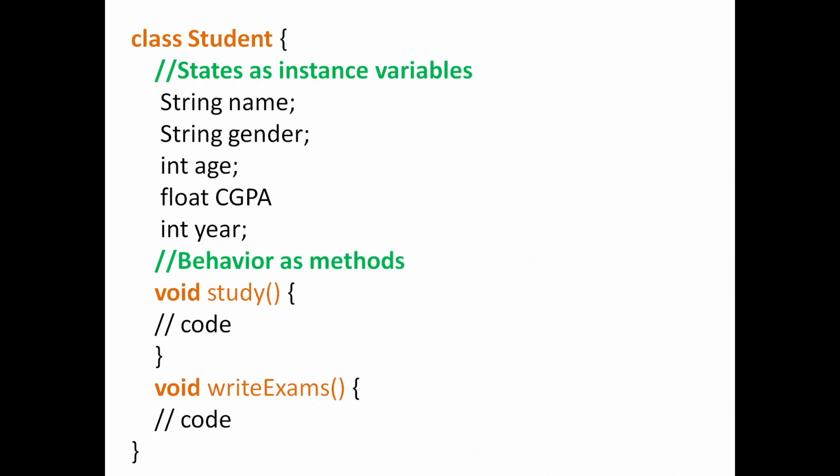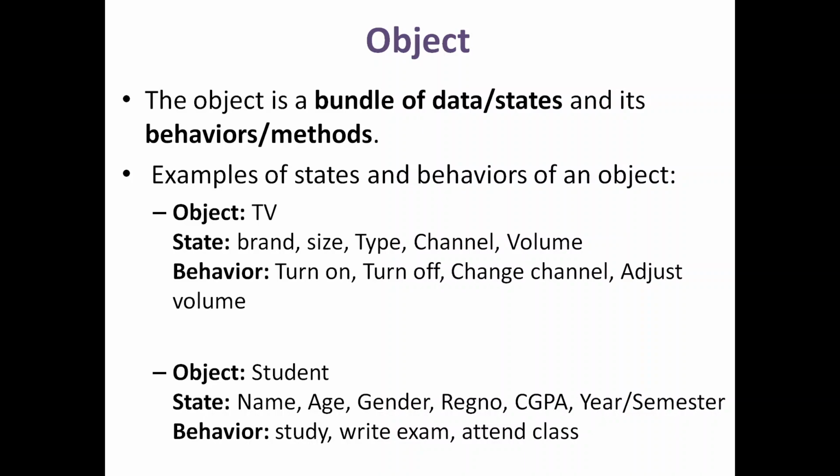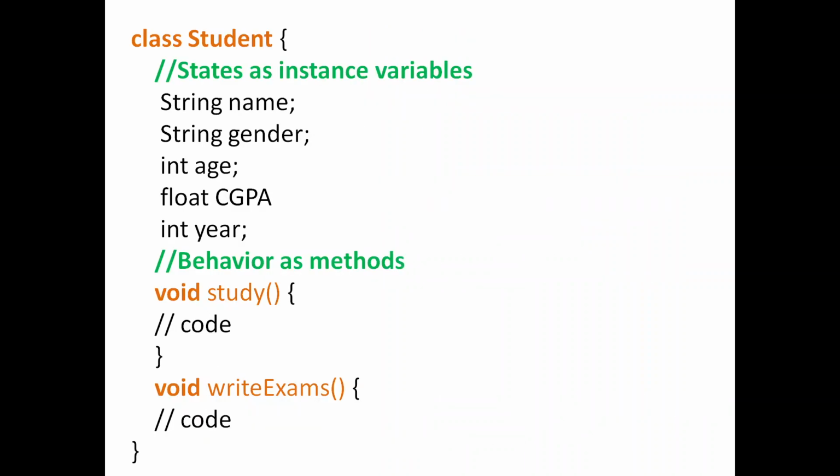Now in that case, this is how the class is defined. Class, name of the class as student, opening brace to indicate that the class definition begins, and then we list out the members. First we start with all the states or the data members, which is the name, gender, age, CGPA, and year. So the data types are appropriately chosen. For example, name is supposed to be a string, age is generally an int. So we have chosen the data types accordingly.